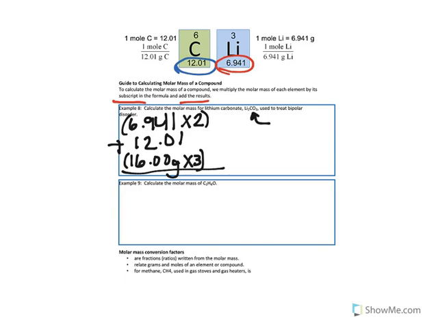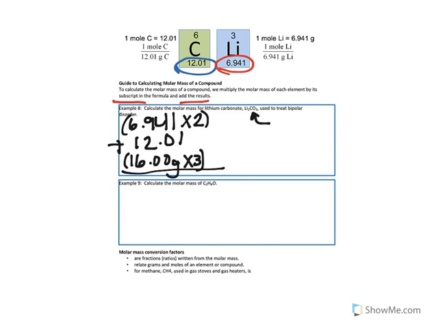So in your calculator, you would type in 6.941 times 2. Enter. That gives you 13.882. To that number, you are going to add 12.01. Now, to this number, which we are now up to 25.892, we are going to add the 16 times 3.